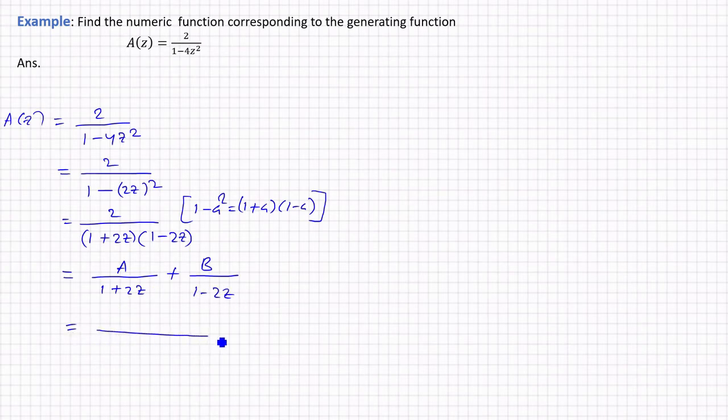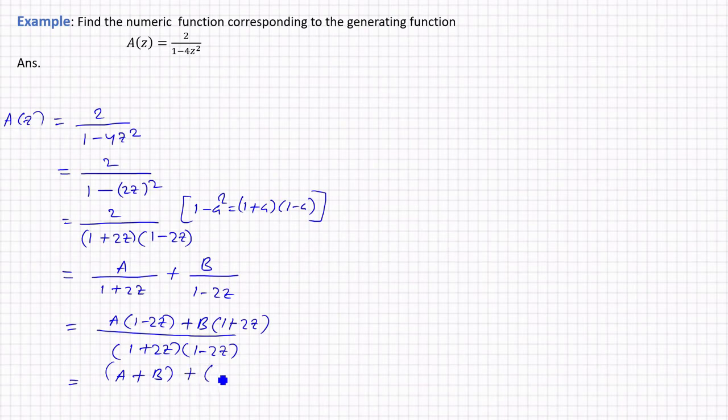So this is the LCM. So here we have a into 1 minus 2z plus b into 1 plus 2z. So we can write it down like this: a plus b plus minus 2a.